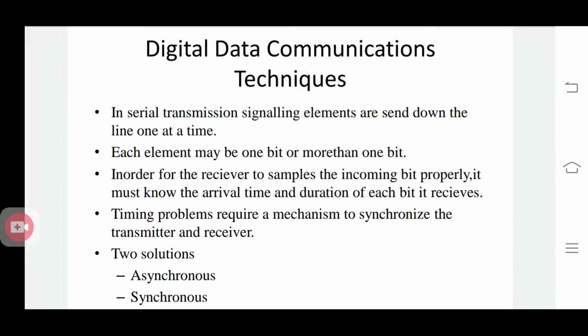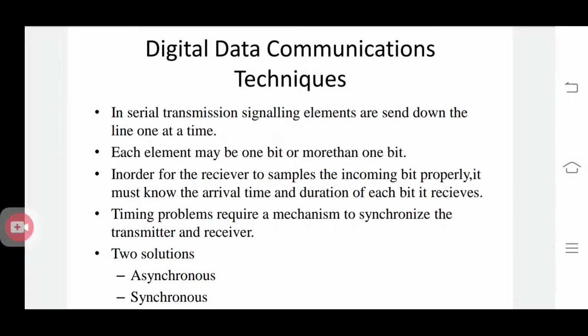Actually, in serial transmission, the signaling elements or the data can be sent down the line one bit at a time or more than one bit at a time. So there is a need of synchronization, or a need of proper arrangement for the receiver.